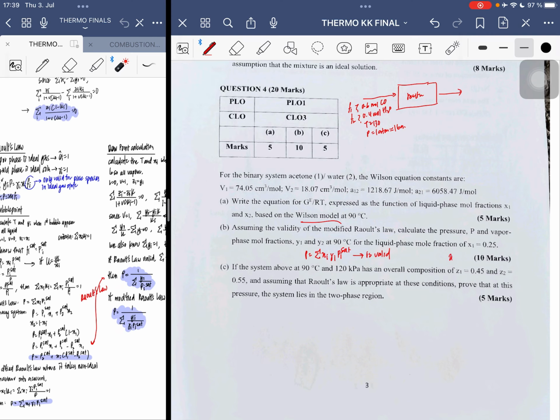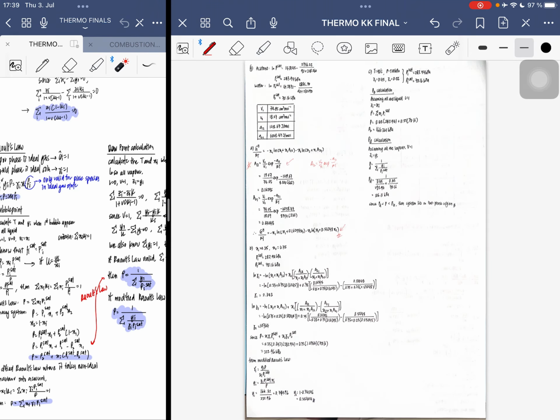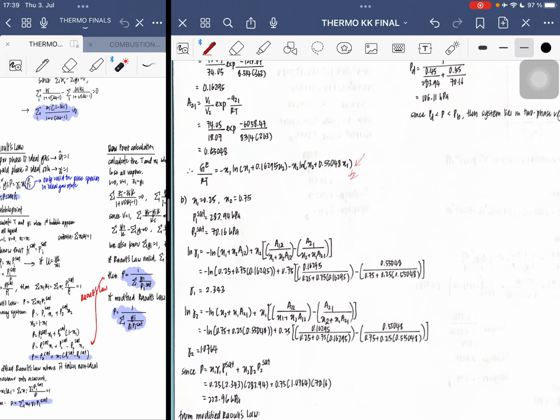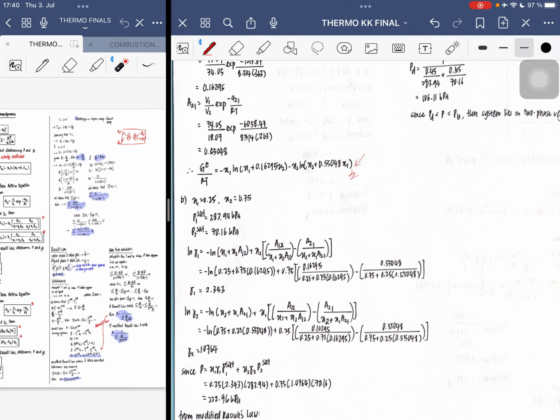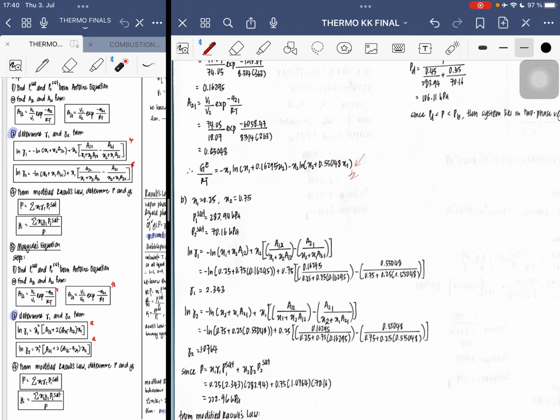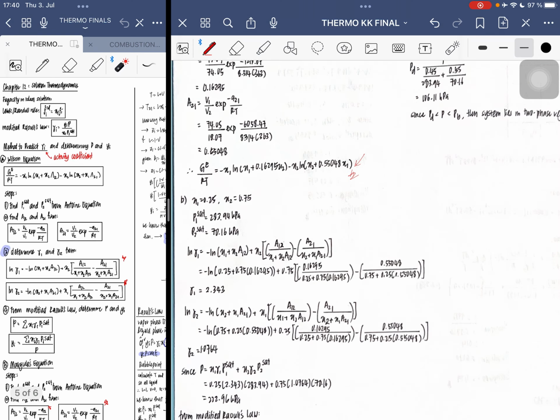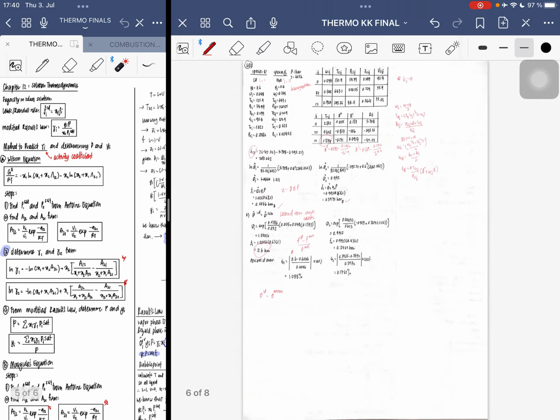From before, because before this they said to use the Wilson equation, the second part you also have to use the Wilson equation, not Margules, unless they specifically state Margules.